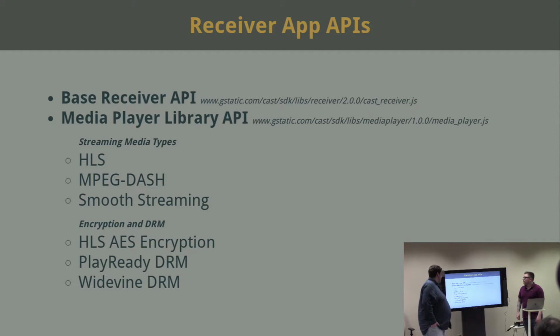The other one is the media player library, which is really built around supporting different audio and video formats, live streaming types, encryptions, DRMs, that kind of stuff. In our examples today, we're not going to be using this, but know that it's there. Any questions on that? Pretty straightforward. Okay.